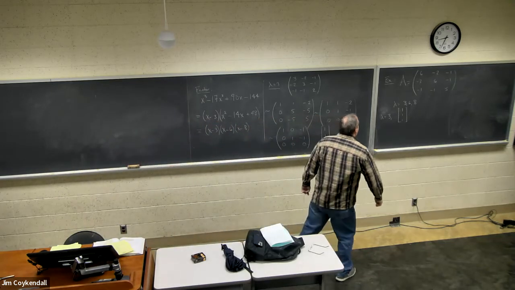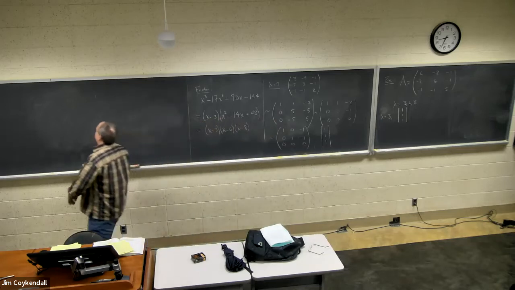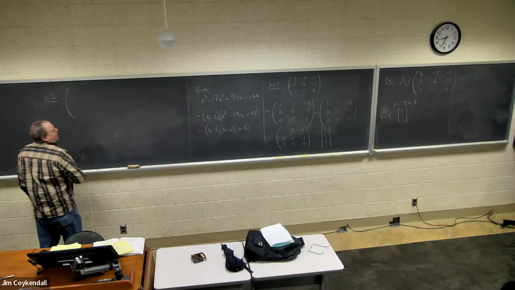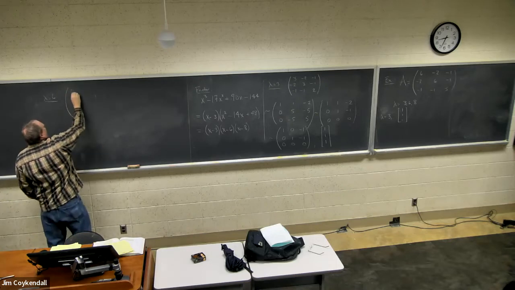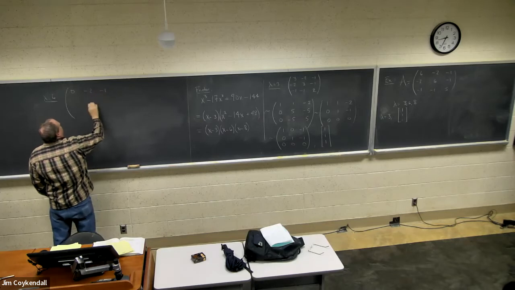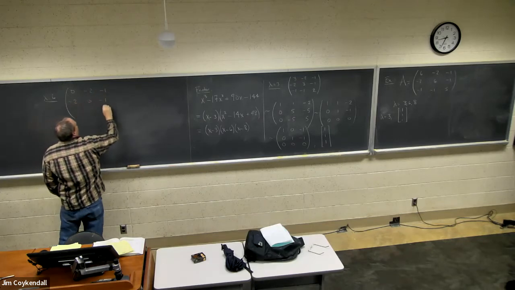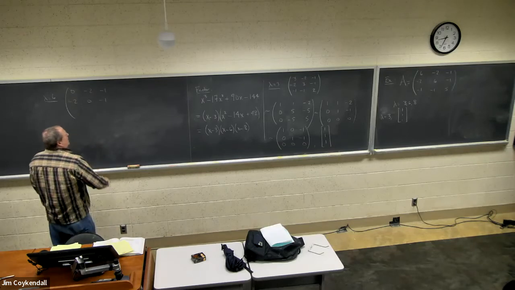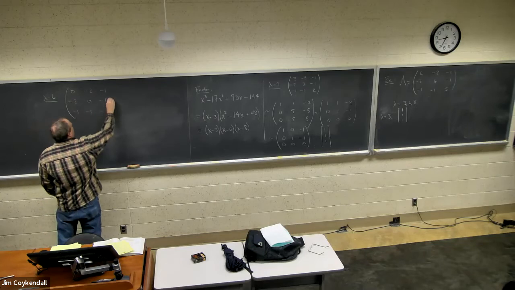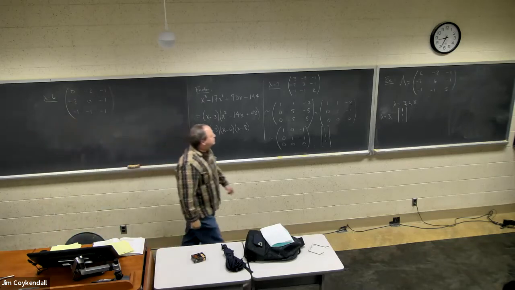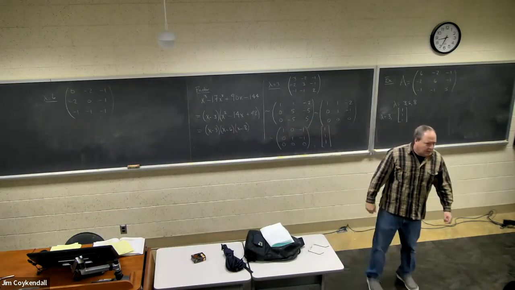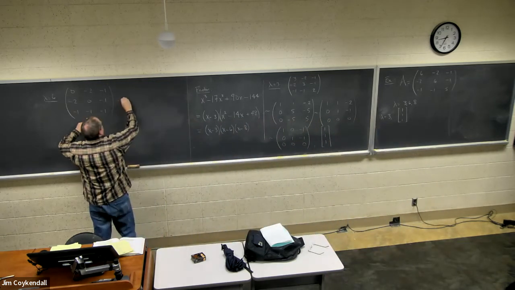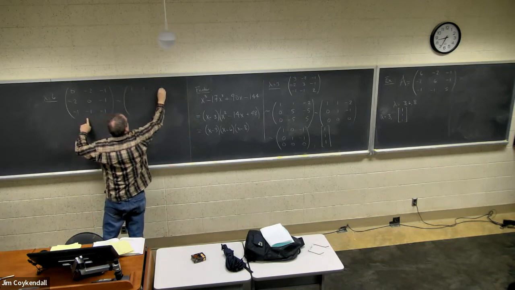Next, let's look at 6. Subtract 6 off the diagonal, then I get 0, minus 2, minus 1, minus 2, 0, minus 1, and minus 1, minus 1. All right, I'm gonna put this row of ones at the top, changing the sign of course.